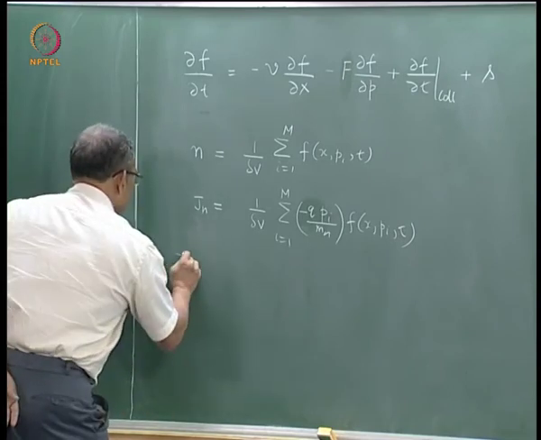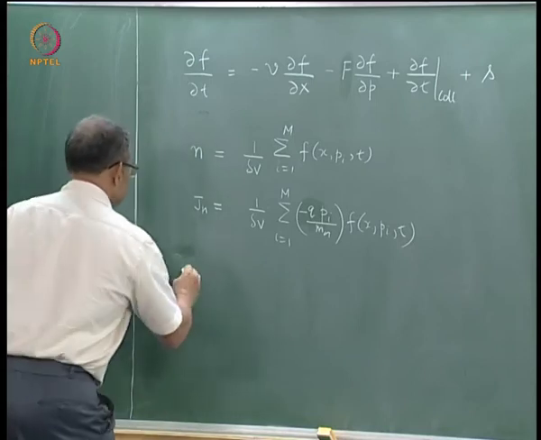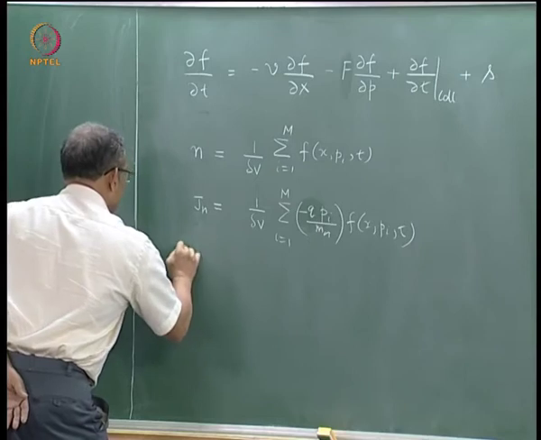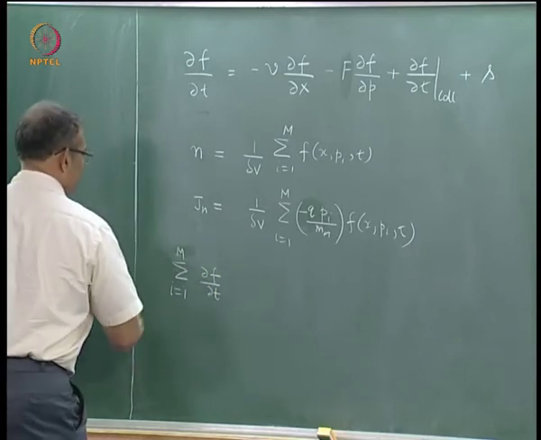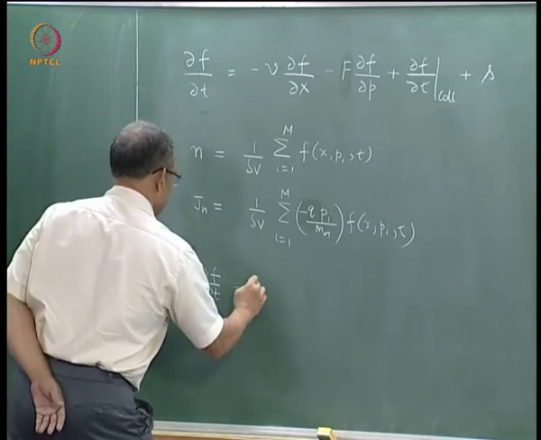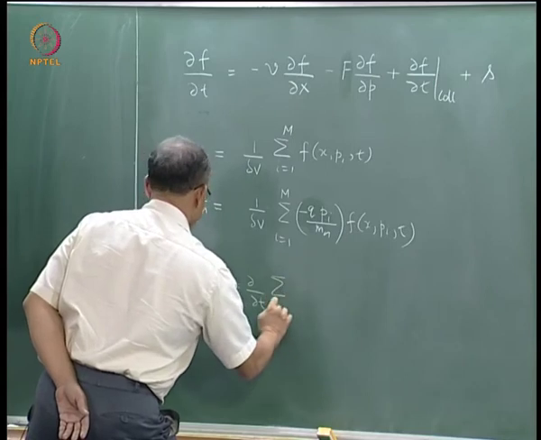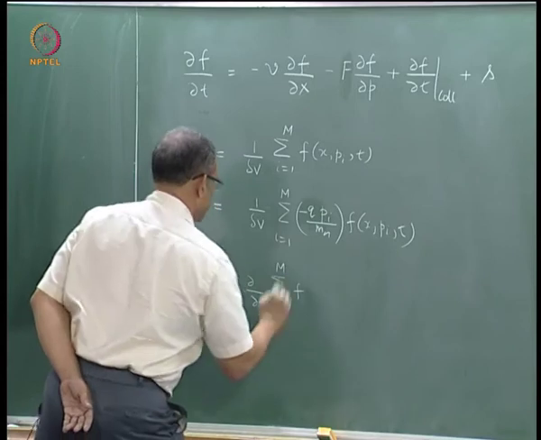So if I want n, I can do as follows: summing up i equal to 1 to m dou f by dou t is the same as taking the derivative of the sum i equal to 1 to m of f.